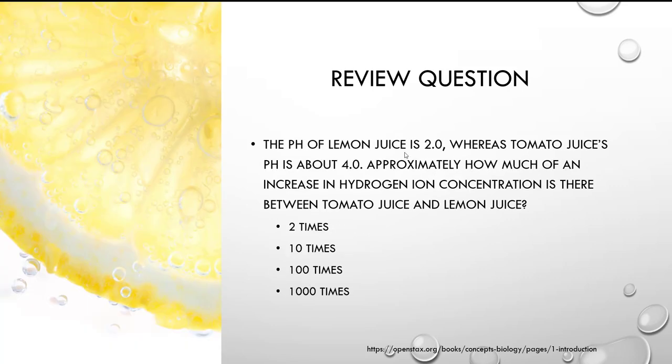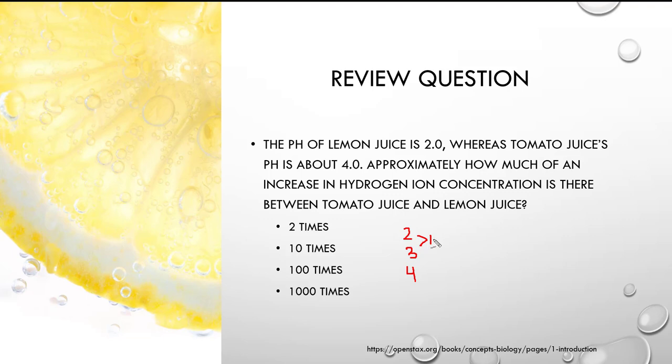If the pH of lemon juice is 2, whereas tomato juice is 4, approximately how much of an increase in hydrogen ion concentration is there between tomato juice and lemon juice? We go from 2 to 4, so there's a 3 in between.